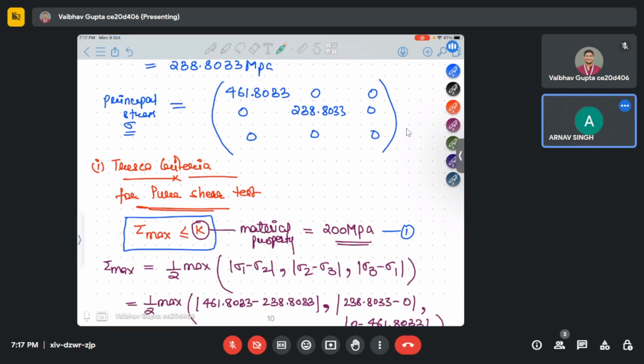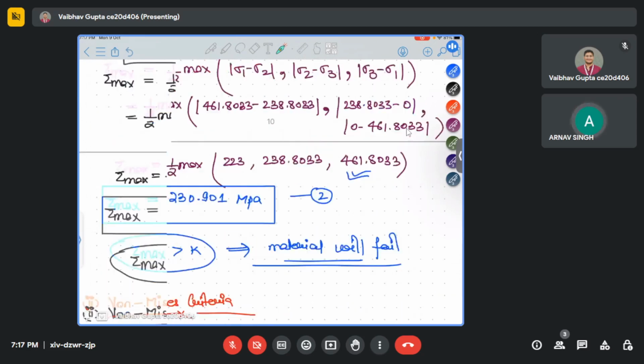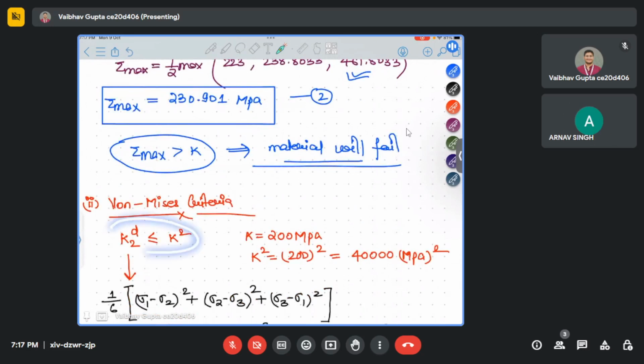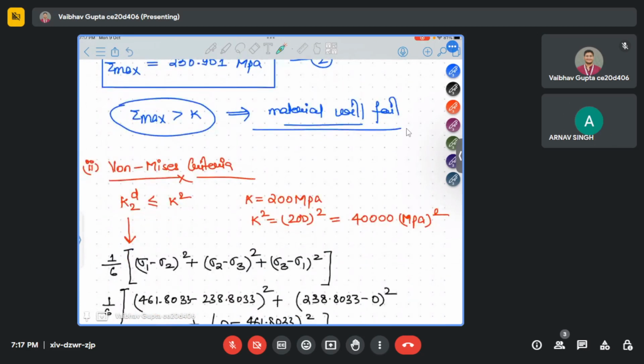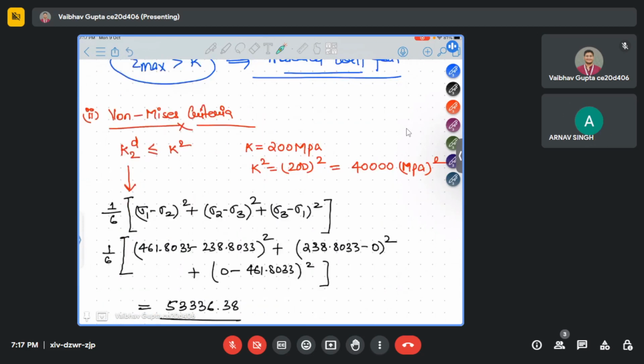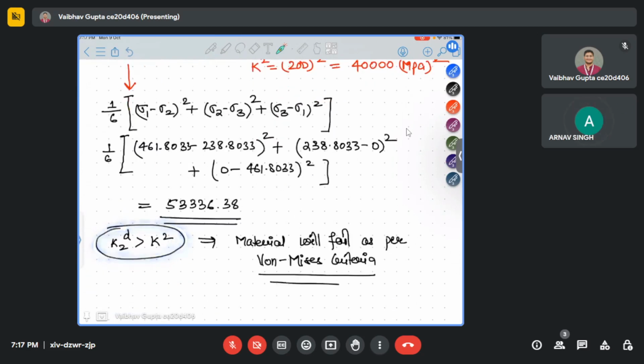As per Tresca criteria, tau max is less than or equal to K. Similarly, for von Mises, K2D is less than or equal to K square for the material to be safe. But we found that K2D is greater than K square. Hence, the material will fail by von Mises criteria as well.